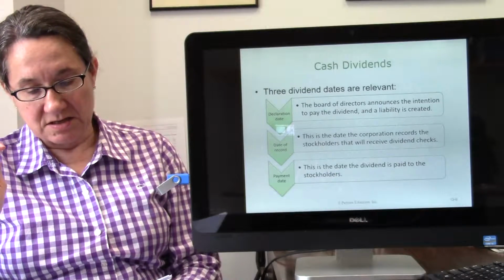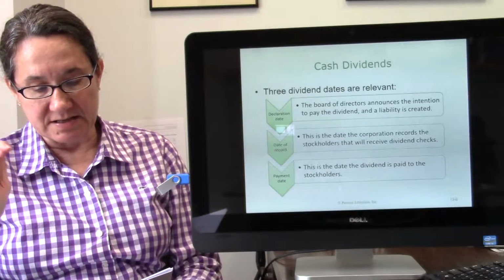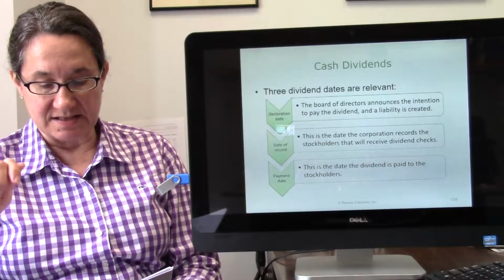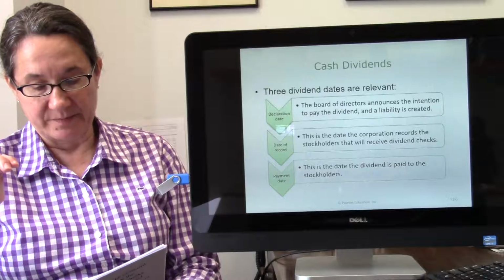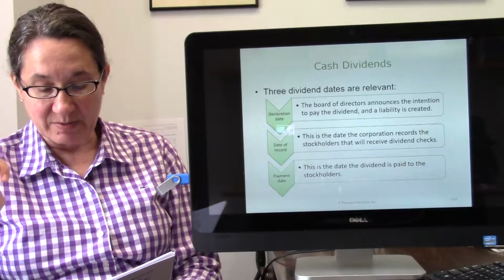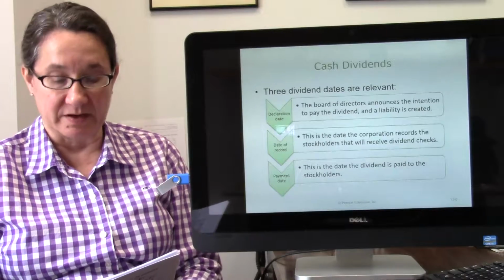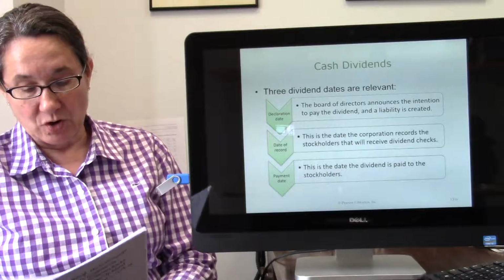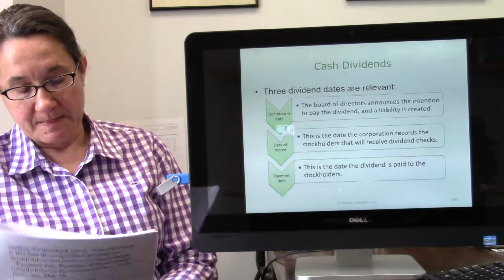Declaration date. On the declaration date, let's say May 1, the board of directors announces the intention to pay the dividend. So the declaration of a cash dividend creates an obligation or a liability for the corporation. The date of record or record date.